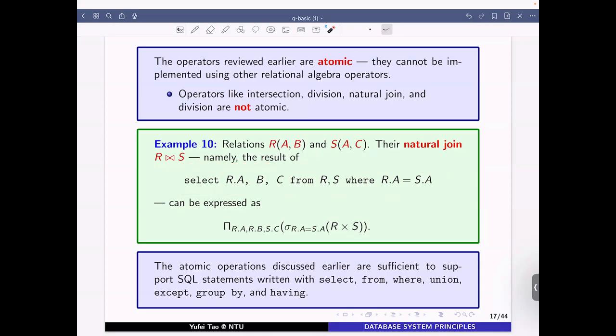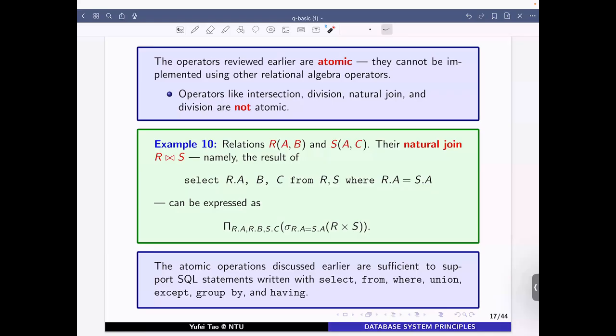You can see you want to join these two relations based on the attribute A. You have this equality condition on attribute A, and you want only three attributes. You don't want two copies of A this time, because R dot A will have to be equivalent to S dot A. So only one copy is enough.